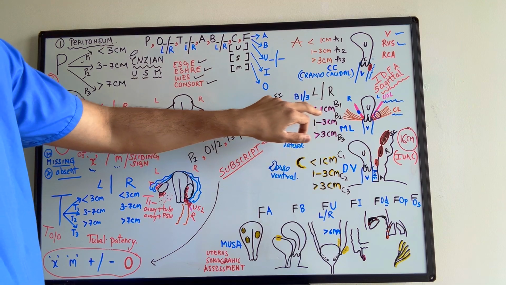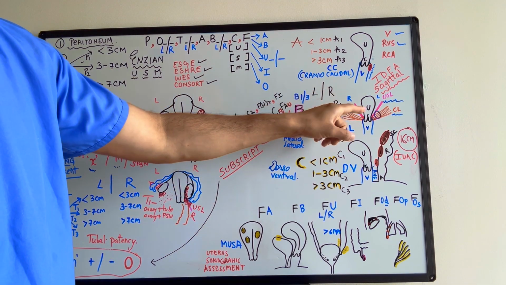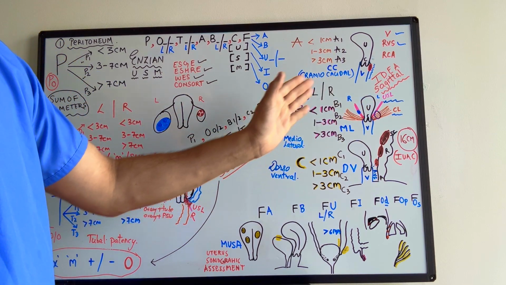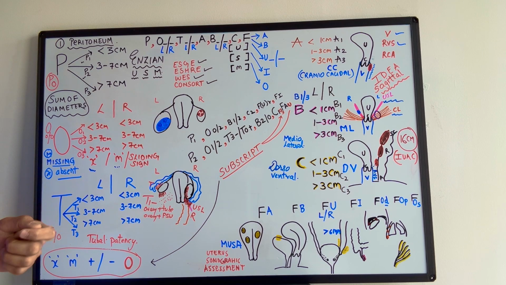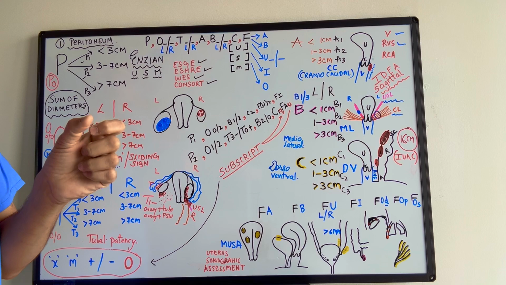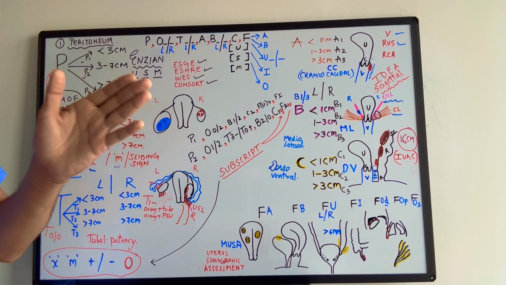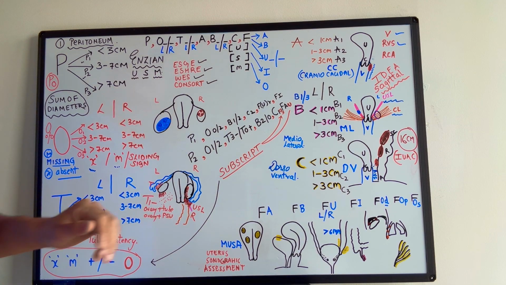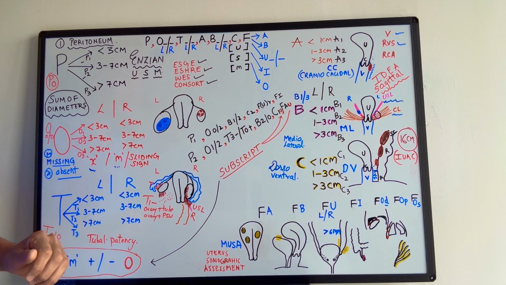Then B includes deep endometriosis involving the uterosacral ligament on both sides or the cardinal ligament on both sides. Again, when we are doing an ultrasound scan with the probe in the sagittal plane, we slightly rotate in the transverse plane from an angle of 20 degrees to 90 degrees. We'll be able to see the cardinal and uterosacral ligaments.